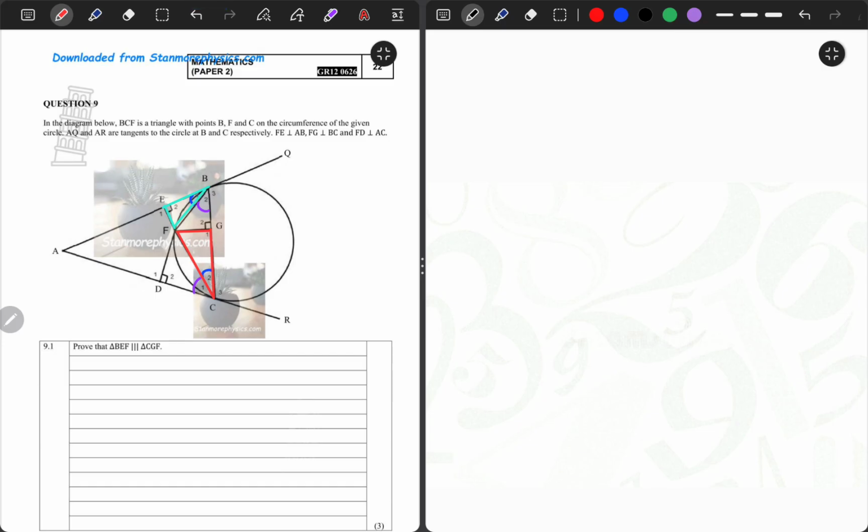Okay, where can we start? We can start with B1 equals to C2.